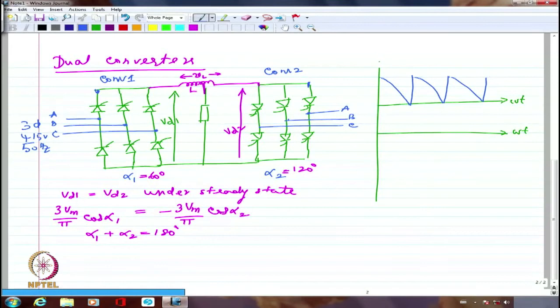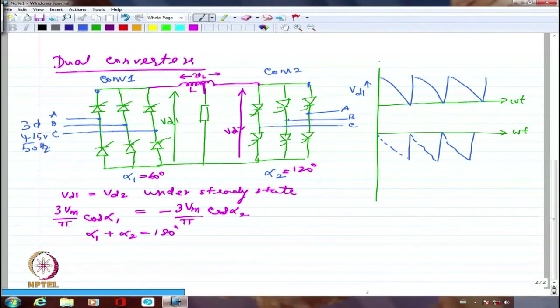Right? So this is what is my VD1. Right? If I try to draw corresponding to VD2 as such, it is actually the inverse of minus VD2. And we drew for minus VD2 last time for 120 degree firing angle. It came out somewhat like this. If you actually recall, it was something like this. So it is just the opposite of this, but below 0.